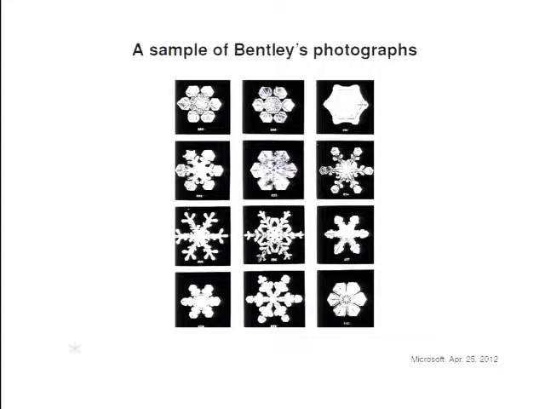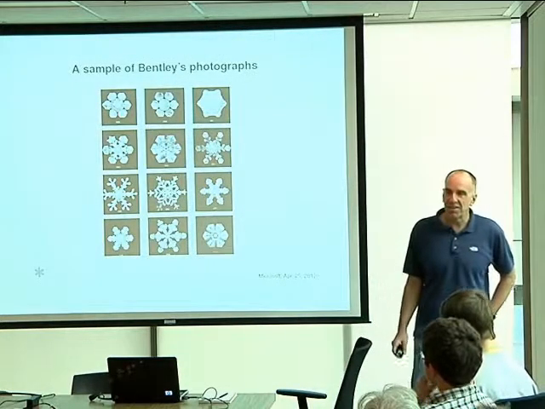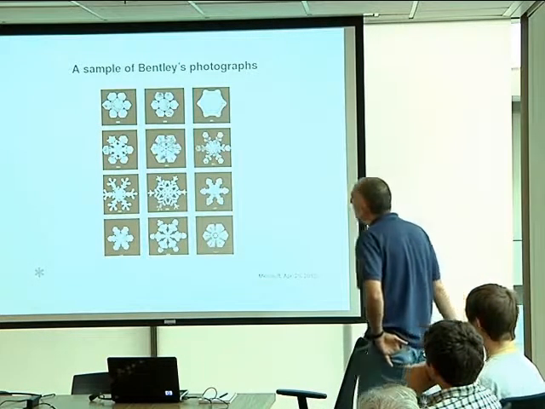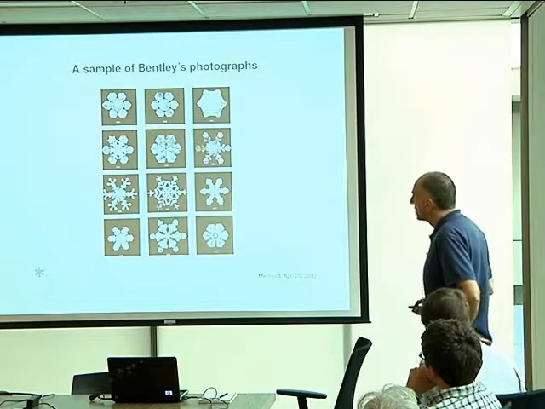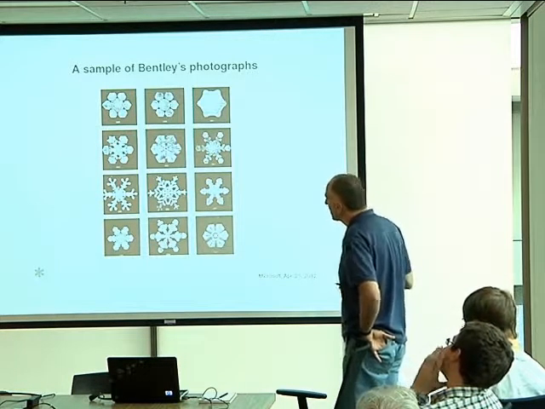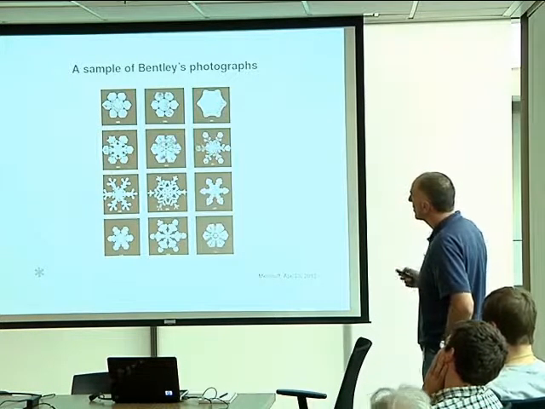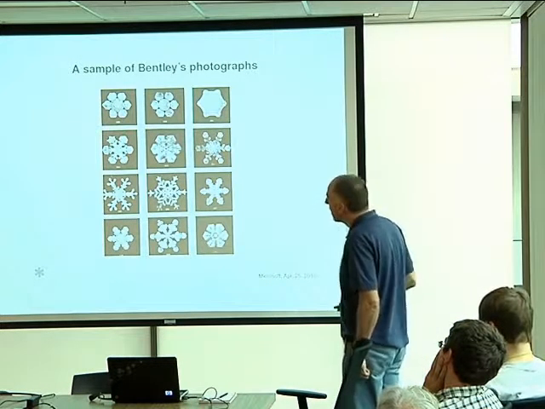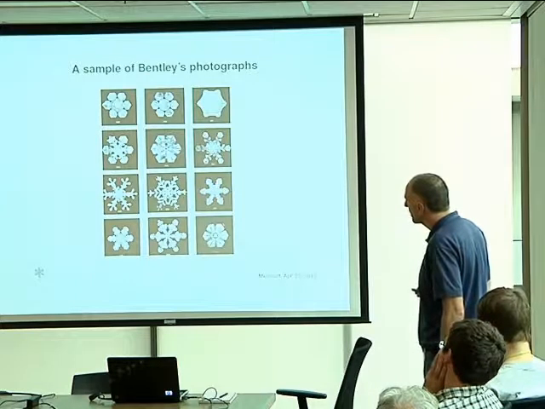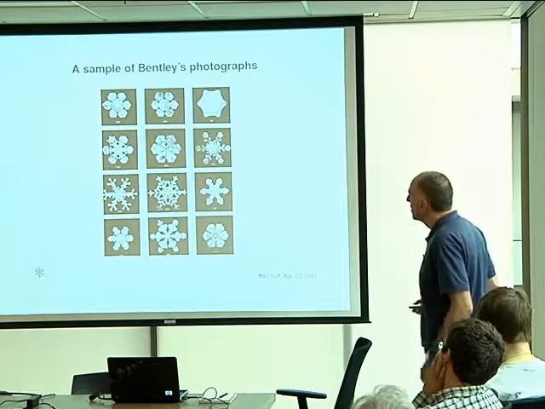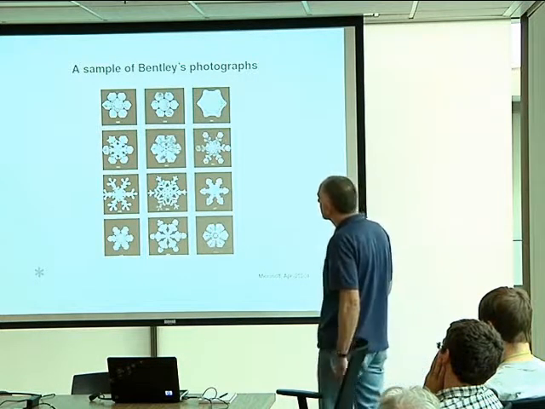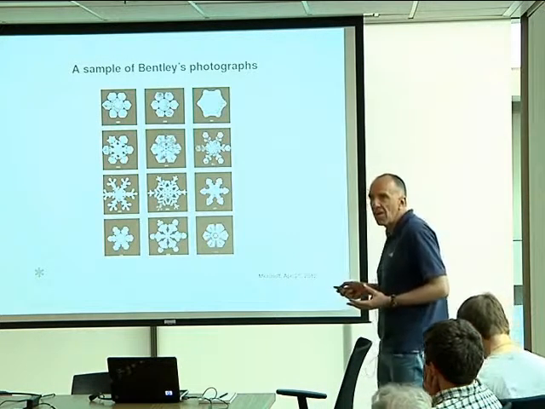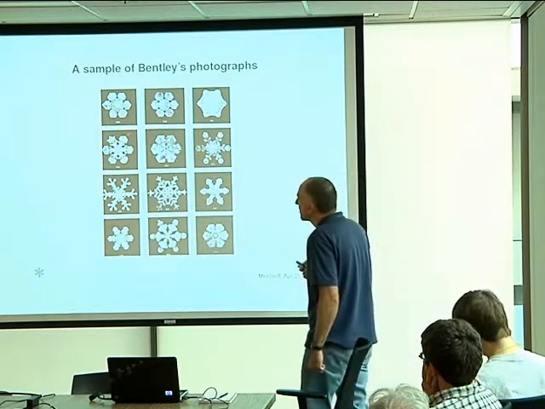So in order to do that, let's familiarize ourselves a little bit more with real snowflakes. This is a sample of Bentley's photographs. The one thing you observe, first of all, is that there are snowflakes which have a familiar branching pattern, but also there are lots of plates. Snowflakes exhibit this tension between branching and, as they call it, and this is a real word that they use, faceting.